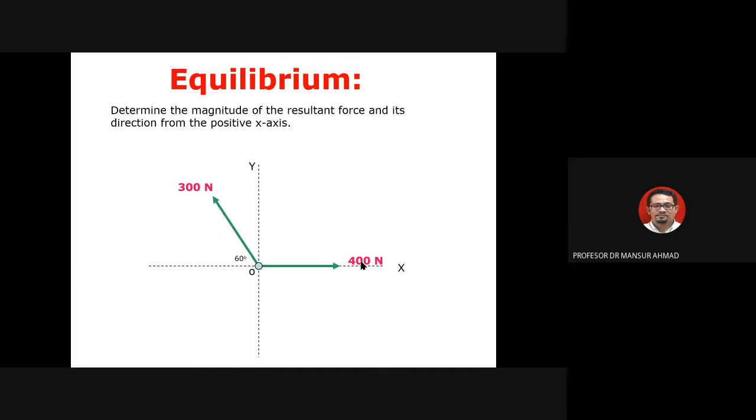Maksudnya kalau dalam bahasa Malaysia, pecahkan dia, pecah pada paksi X and Y. So every time you come across a force applied at an angle, you need to resolve it to axis X and Y. I'm going to show you how I resolve this into axis X and Y.